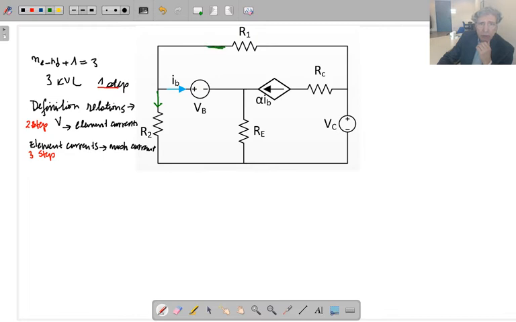Choose this one this way, and this one this way, and let's say this one is this way. So according to passive sign convention, this direction of this element current is going to be that way, and for this one it's going to be that way, isn't it? So we have chosen all the current references for all the elements here.